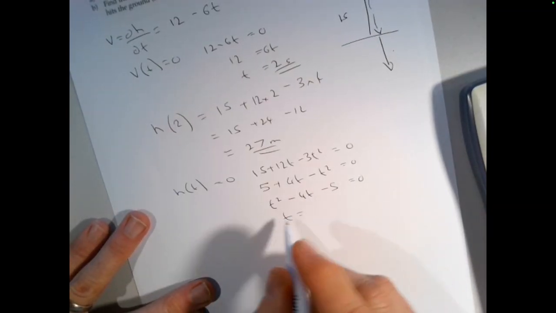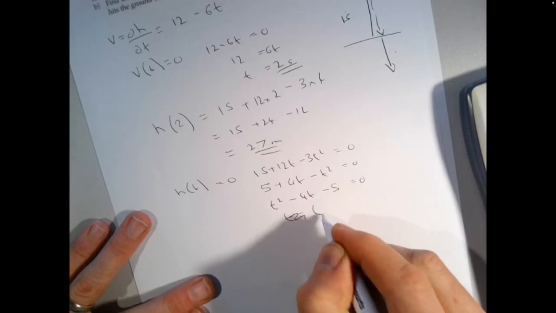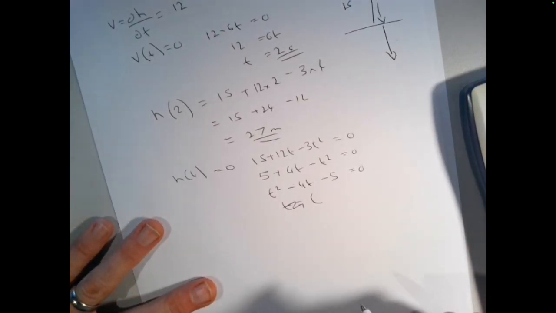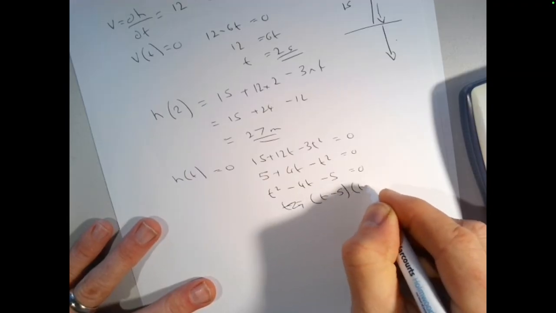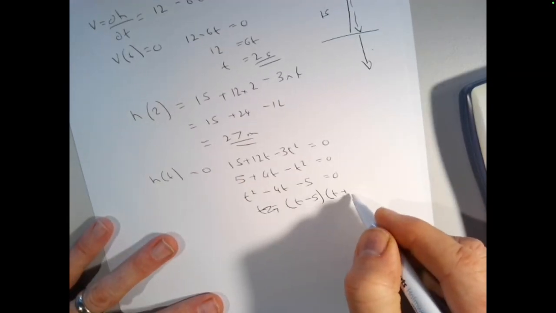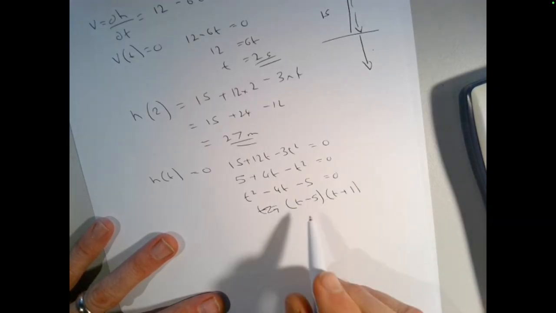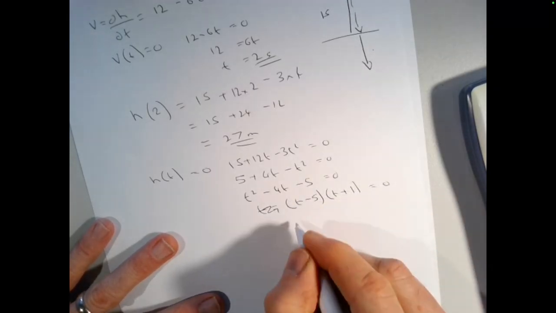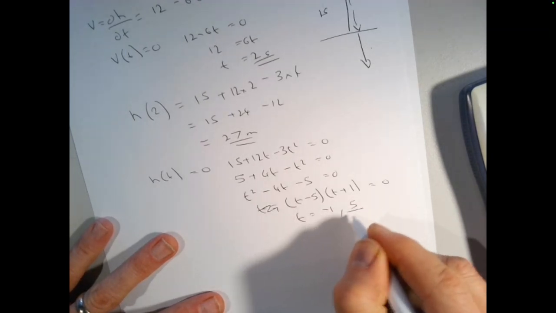If you were to factorize this, you're going to get t minus 5 and t plus 1. Does that look right? Yes, it does. Put that equal to 0. So t equals negative 1, which is not possible, and t equals 5 seconds.